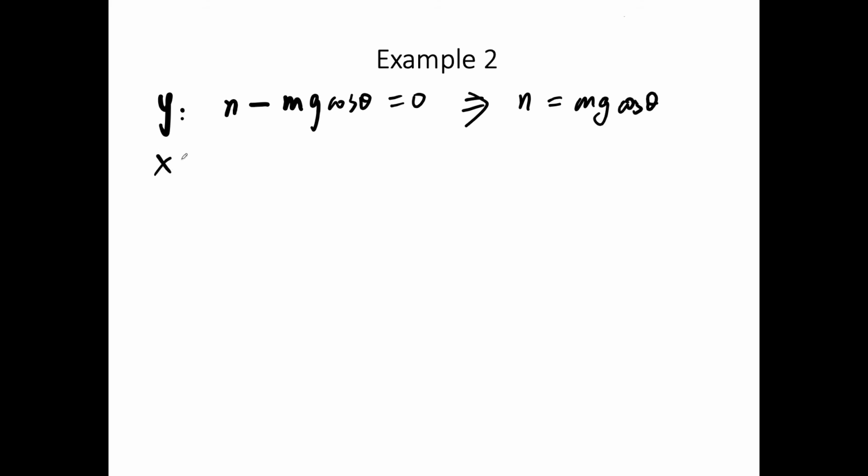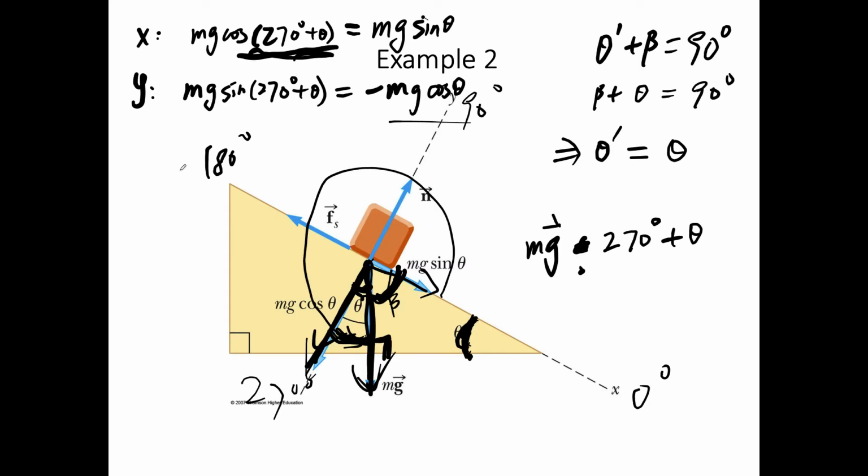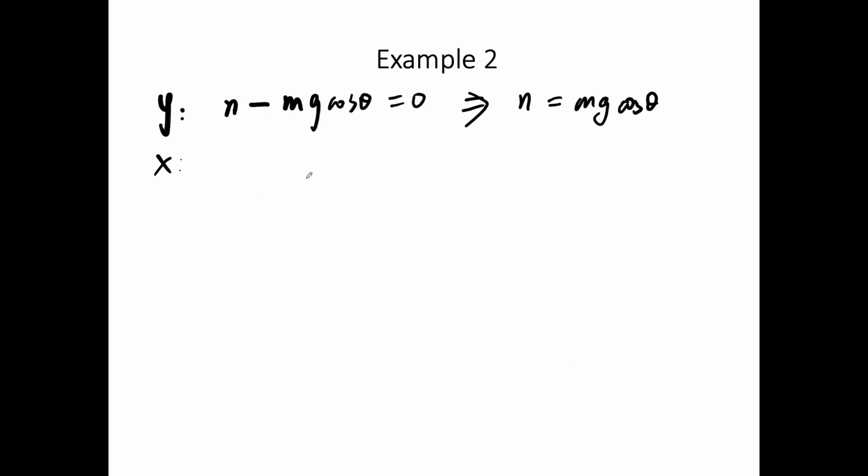Then in the x direction, net force also has to be 0. The forces in the x direction are the x component of mg and static friction: mg sine theta minus fs equals 0.